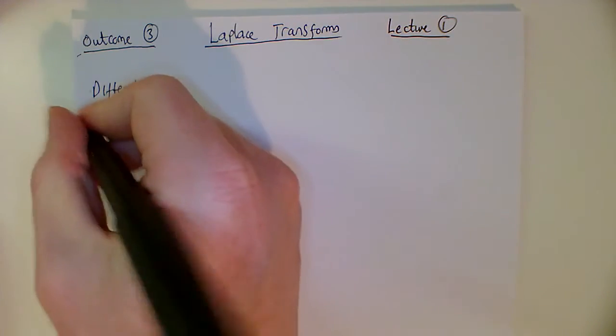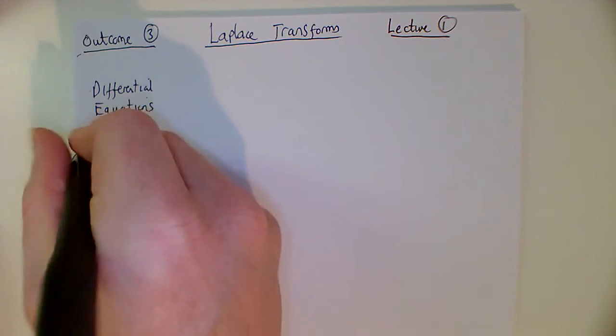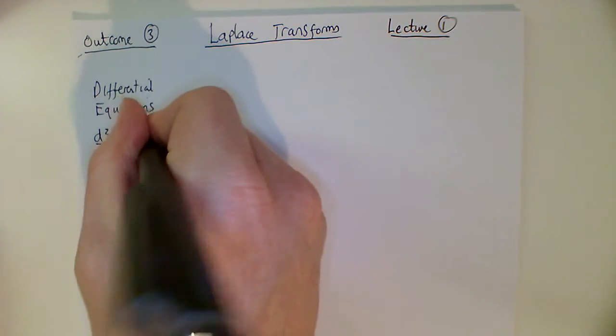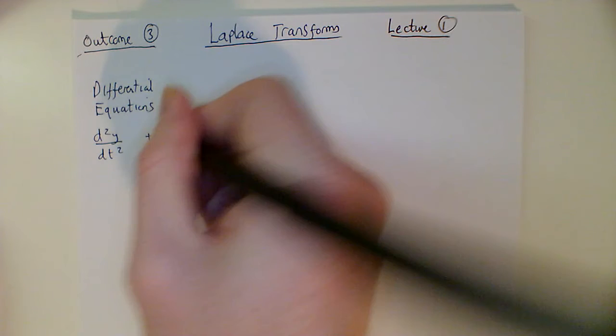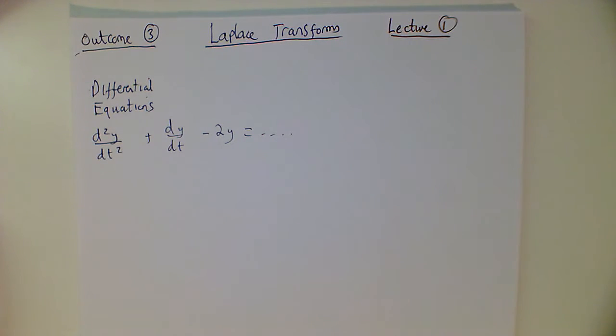So we've seen them in first order and second order, so they look something like this. So it can either be dy by dt or dy by dx. Something like that, for example.